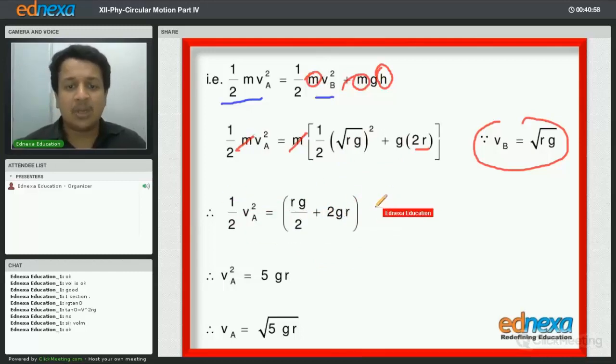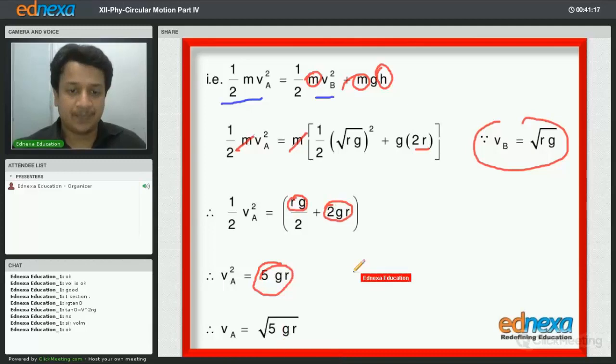If I multiply it with 2, then VA square is equal to rg plus 4rg. Is it right? So rg plus 4rg how much? 5rg. So VA square is equal to 5rg or 5gr. So VA is equal to root 5gr.